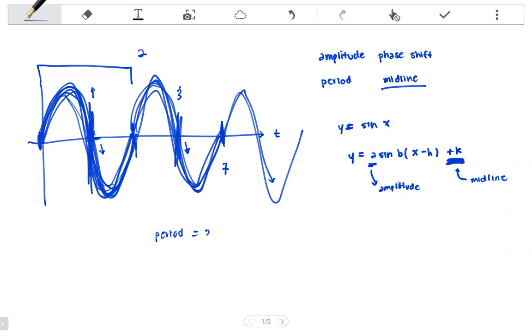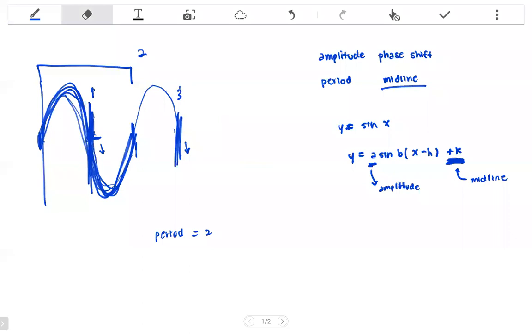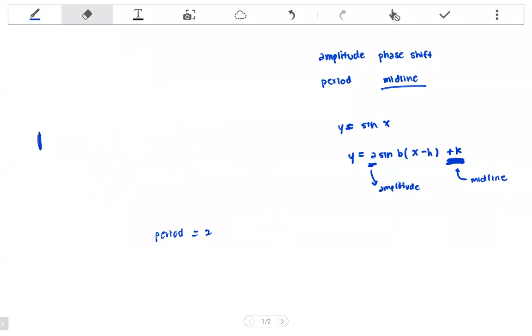It's the same thing. So how do we model period in an equation then? Let's look at our equation. Period, in this case, is going to be this b, but it's not just b. Period is 2 pi over b.